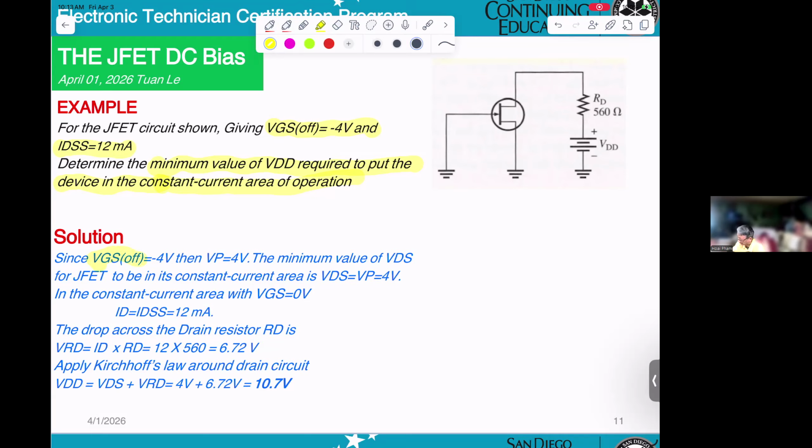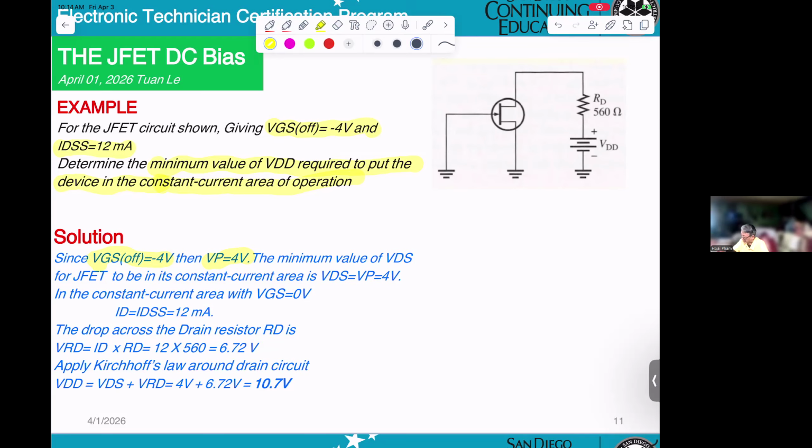Since VGS(off) equals minus 4 volts, then you know VP equals 4 volts. At the beginning, we already told you VP and VGS(off) have the same magnitude. However, if VGS(off) is negative, VP has to be positive.